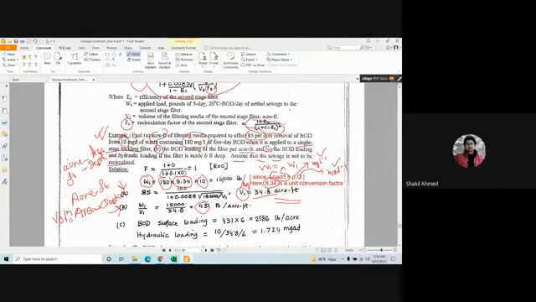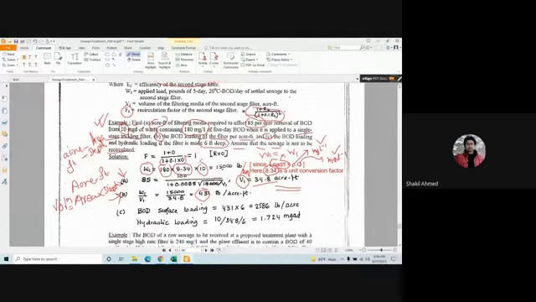The BOD loading and the hydraulic loading, if the filter is made 6 feet deep. That means the surface loading.